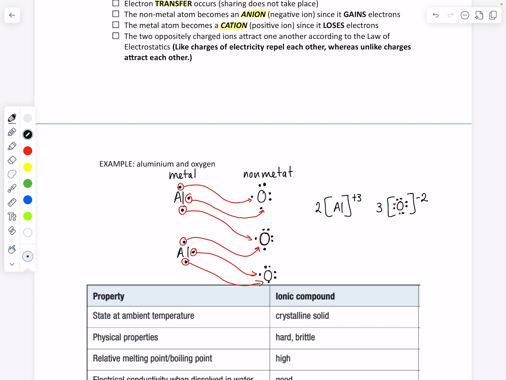So it's important that when you're showing the bonds that are formed or the electrons that are transferred between nonmetals and metals, you must show the electron transfer using arrows from the metal to the nonmetal.